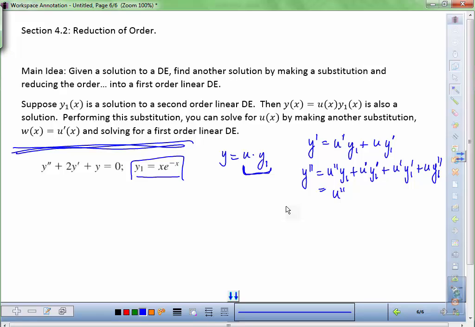So I think that simplifies a little bit, right? u double prime y1 plus u prime y1 prime, and then there's two of them, plus u y1 double prime. All right, what a big mess. Let's see.